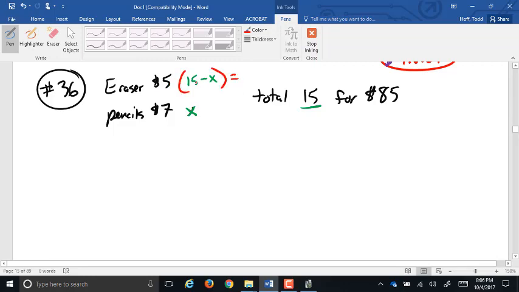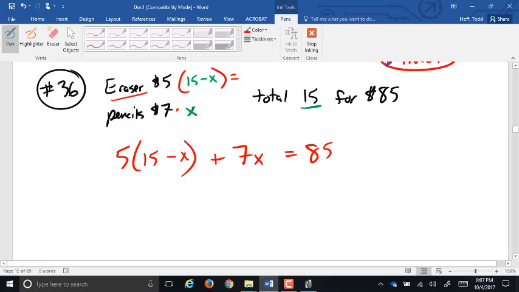So for erasers, it's 5 times the 15 minus X. For pencils, it's just 7 times X. So the money from the erasers is $5 times the 15 minus X sold, plus the amount for pencils is 7 times X, which is 7X. That has to add up to 85.